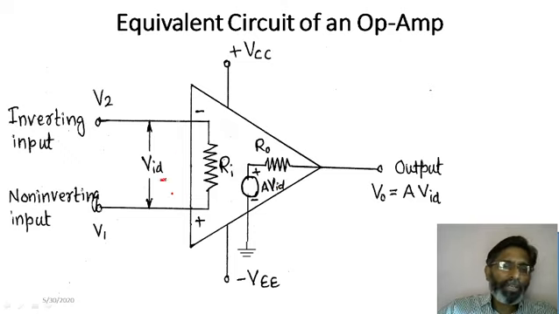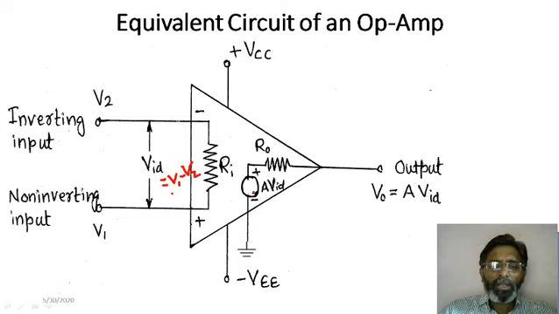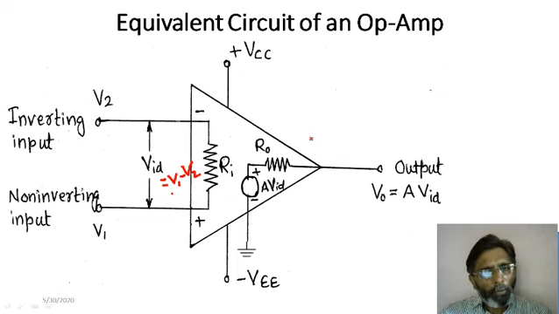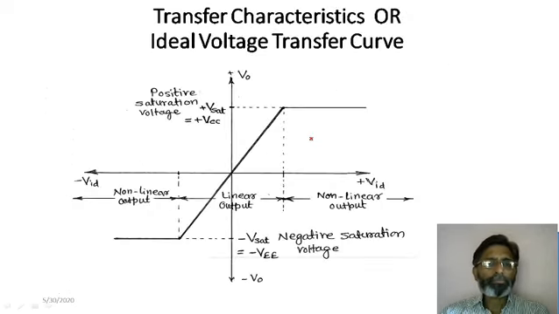This is connected to the ground. So this is the equivalent circuit of the op-amp. Whenever we want to understand the working of any complicated op-amp circuit, we can use this equivalent circuit, and by using this we can have a better understanding of the op-amp circuit operation.